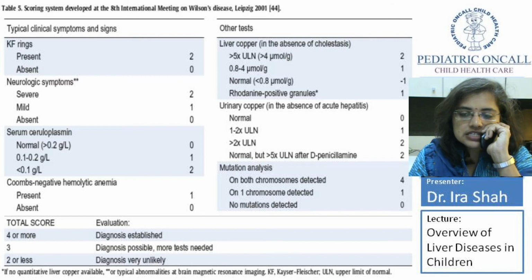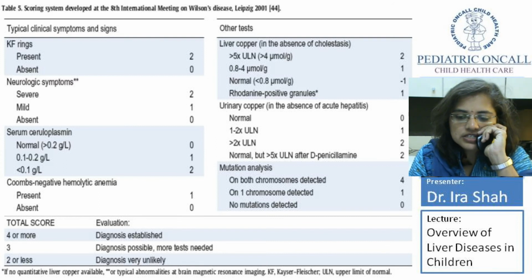If you have these conditions, you don't even need to do liver copper, 24 hours urine copper or mutation. But if you don't fit into that scoring of 4 or more, then you do the remaining test of liver copper, 24 hours urine copper or mutation analysis. So I think this scoring system is pretty useful to make a diagnosis of Wilson's.